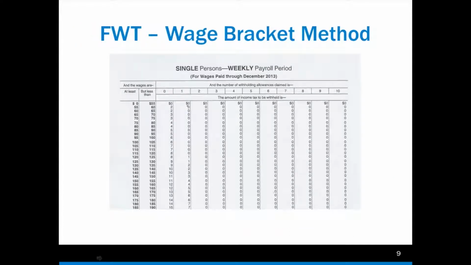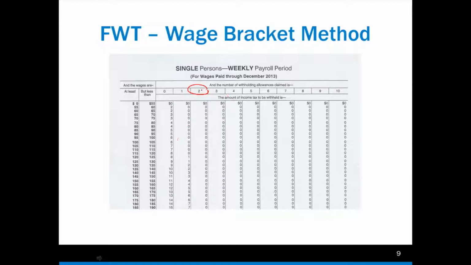Now let's move on to the wage bracket method. Again, we're going to use single and we're going to use weekly. It says, and the number of withholding allowances claimed is... You can choose any one of these, but remember, choose the number of allowances you figured out on your W-4. On that W-4, it said 2, so we're going to be looking in the column for 2.